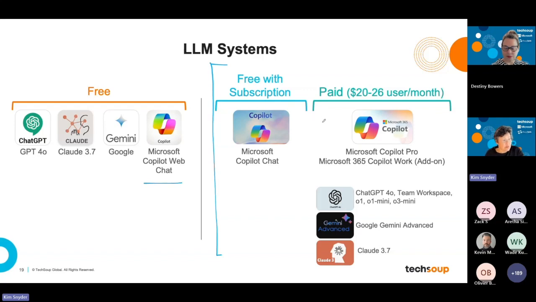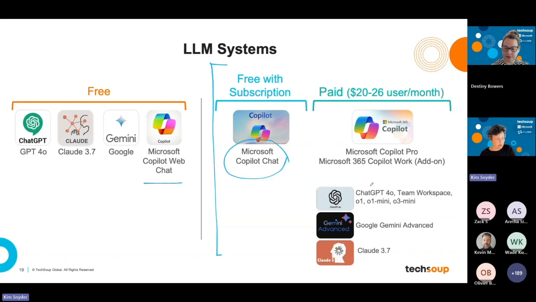Then there's what we'll call the upgraded, paid versions. Copilot Pro is the version of Copilot that integrates with the Microsoft tools like Excel, PowerPoint, Word, Outlook, etc. So Copilot Chat is kind of its own chat tool, and Copilot Pro is a chat tool that also integrates with your other applications, right?